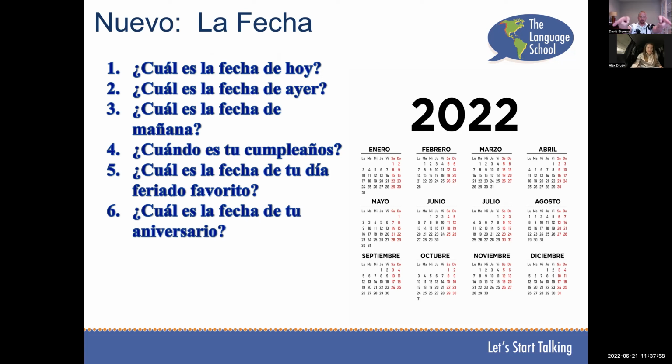¿Y cuál es la fecha de mañana? Tomorrow. Mañana. Hoy means today. Mañana es el 22 de junio. ¿Y cuándo es tu cumpleaños? ¿Qué significa cumpleaños?